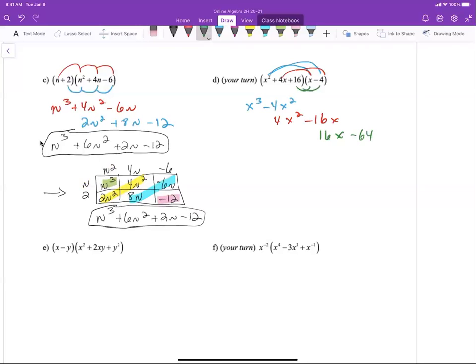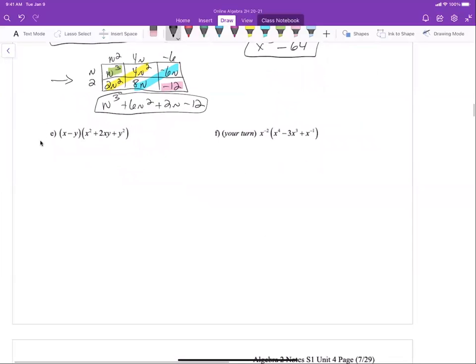So 16 times negative 4 is minus 64. Now I need to add all my like terms, and so I have only one x cubed. My x squared terms cancel, my x terms cancel, and I have one constant, which is negative 64, and there would be my answer.